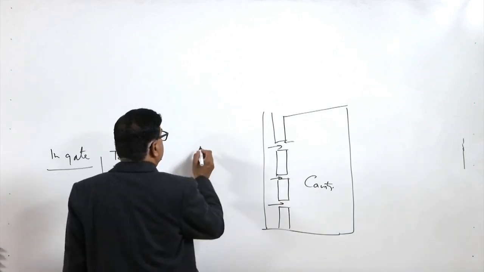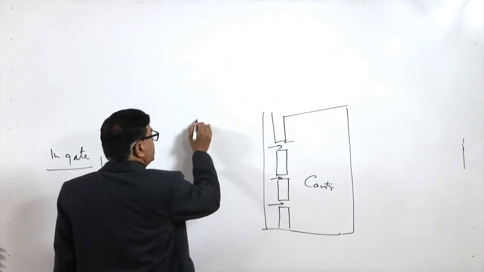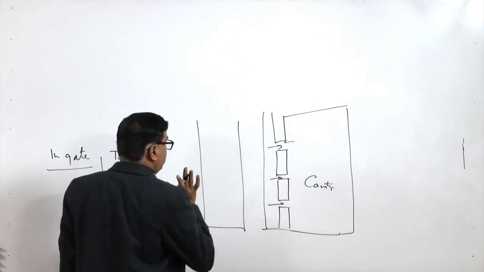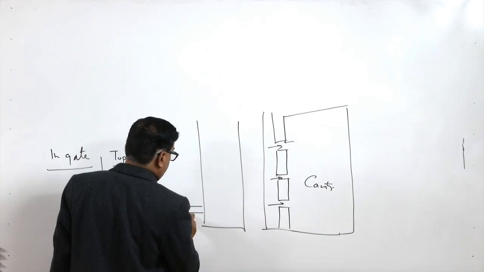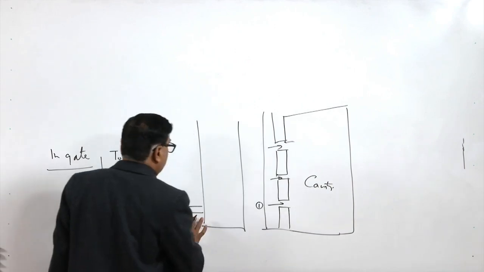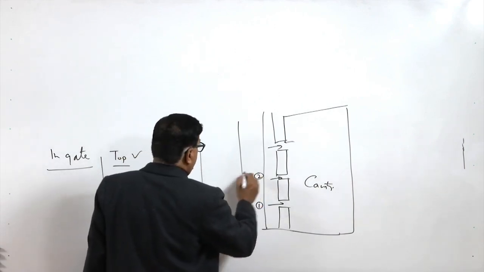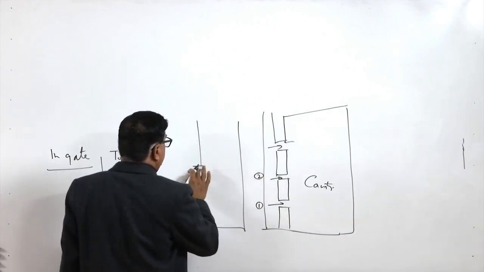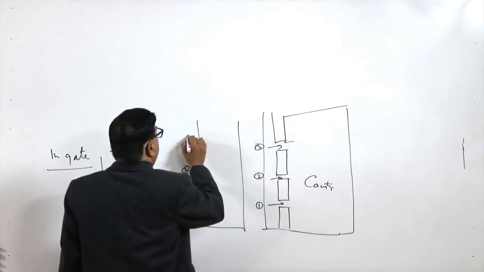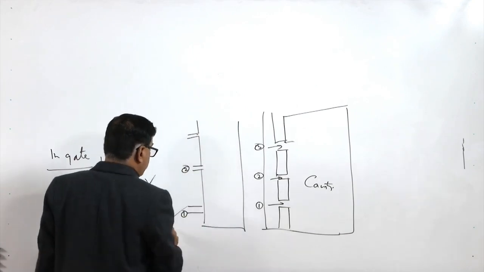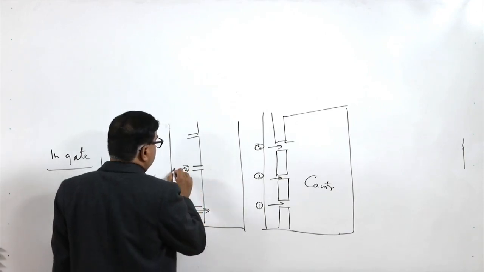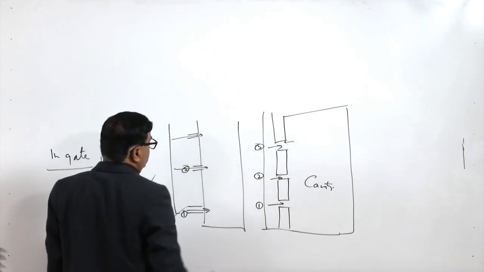If we see this in front view, then what we try to achieve is this: the gate number 1 is at the lowermost, gate number 2 is in the middle, and gate number 3 is at the top. So, we try to feed the molten metal first through the bottom in gate, then from the middle, and then from the top.